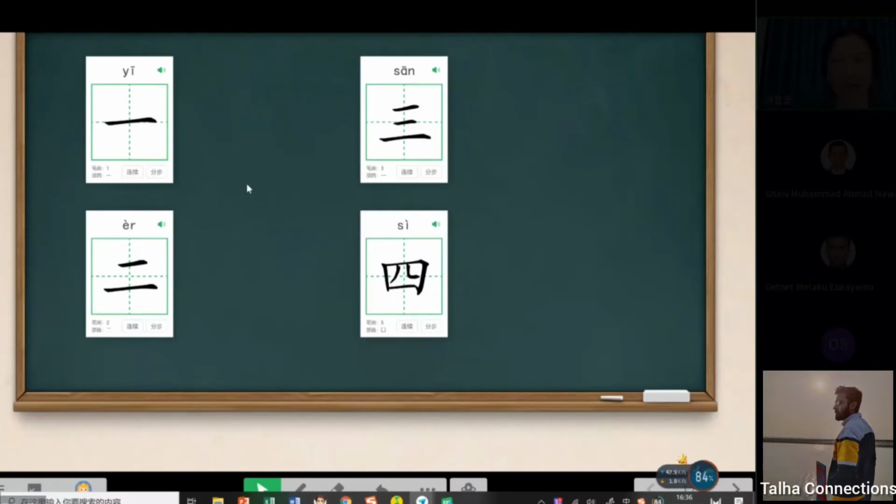All right, now just get a piece of paper and a pen. You're going to write some simple characters with me. And later, you'll take a photo of your writing and send the photo to our group. Okay. Now, just 1 minute for you to get the paper and the pen.